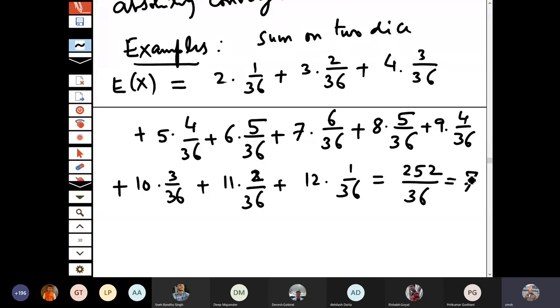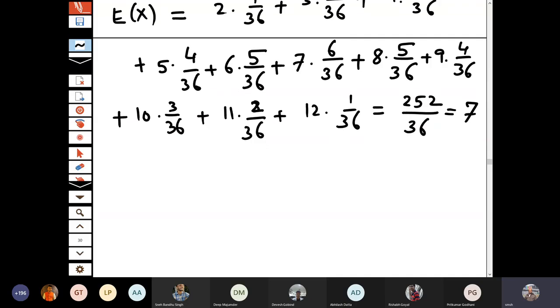It means 7 is something like a measure of central tendency, the average value. So if the outcomes can be 2, 3, 4, 5, 6, 7, 8, 9, 10, 11, and 12, then the average value is 7. Okay. Of course, here in this case it is the middle value, because from 2 to 12 you have an odd number of outcomes, and 7 is the middle value.